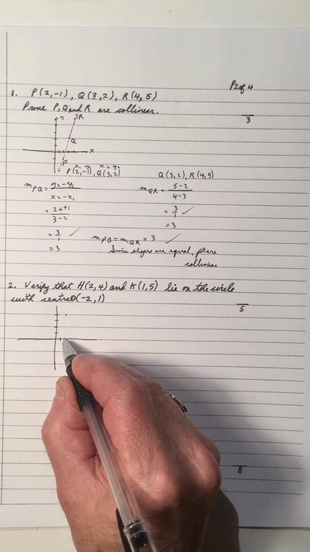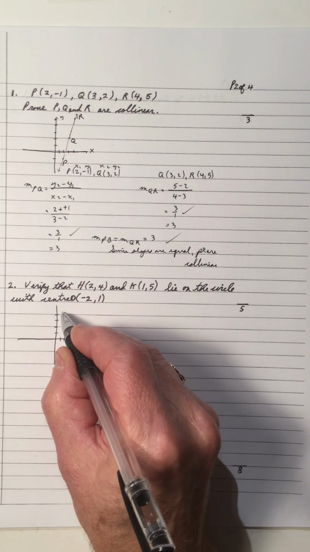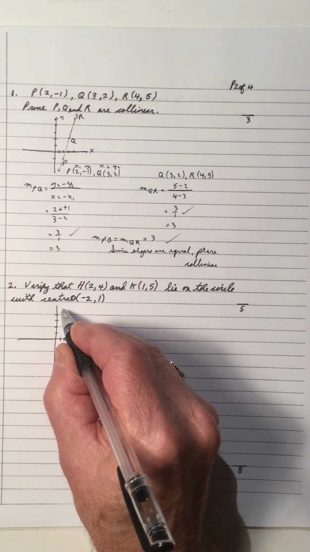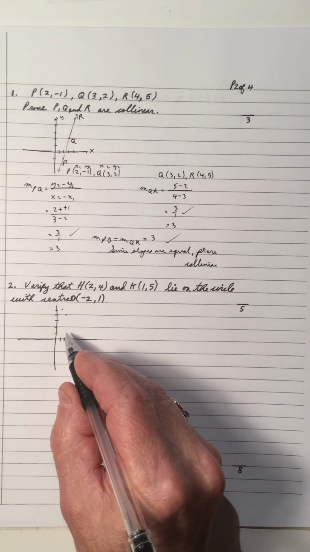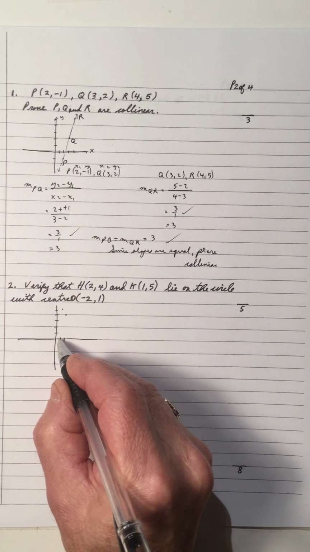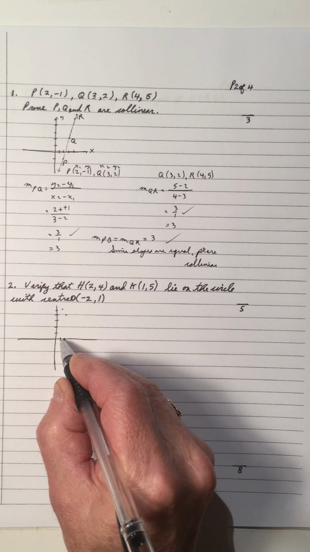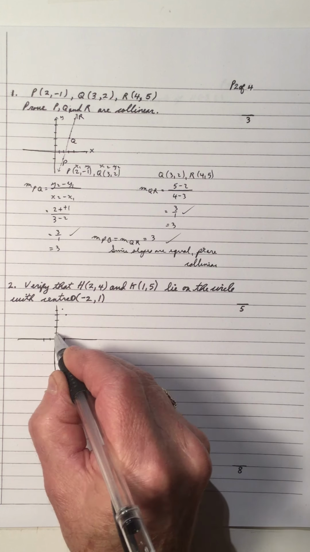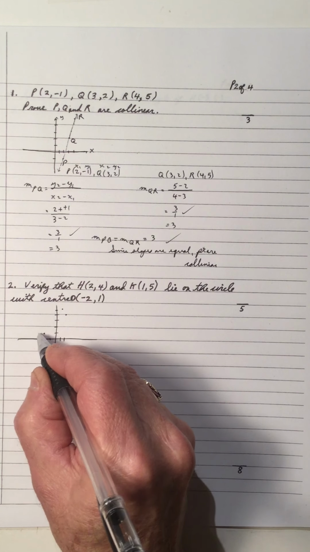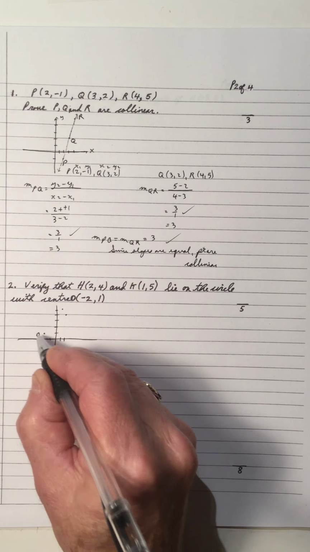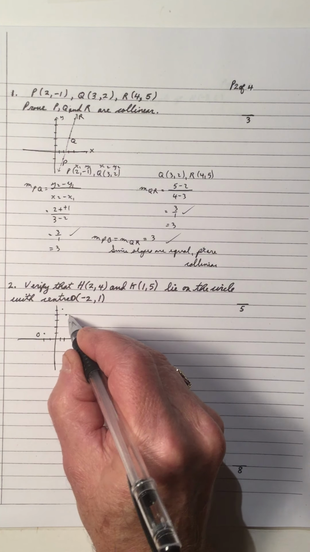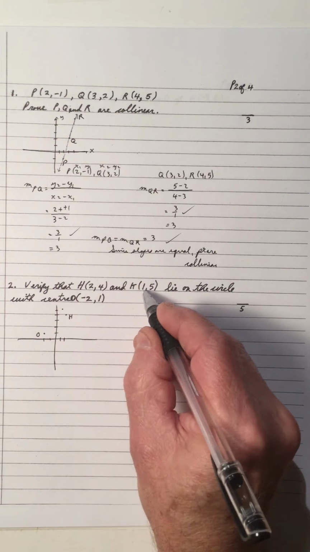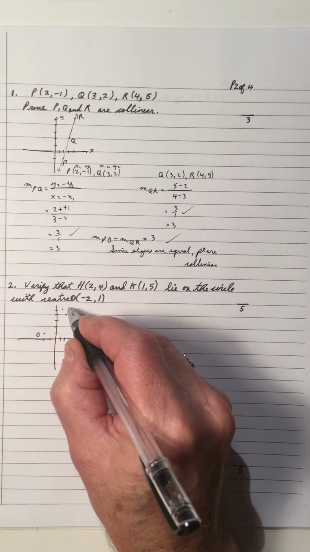K is (1, 5), which is there. And O is (-2, 1). So that's O. H is (2, 4), and K is (1, 5).